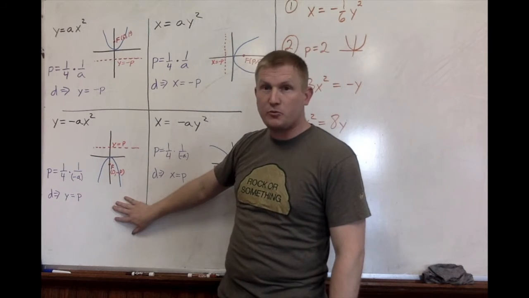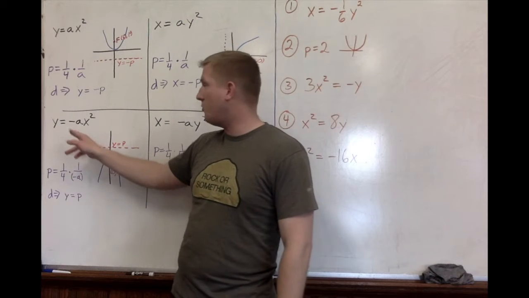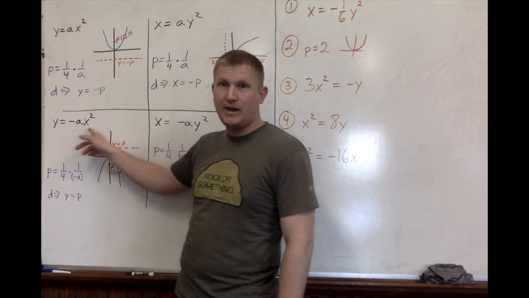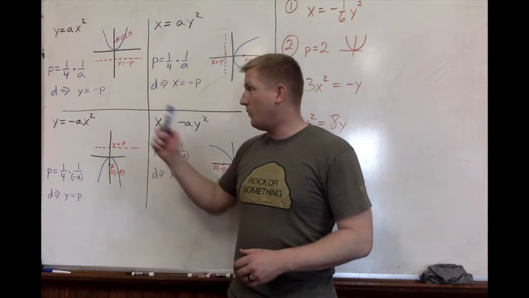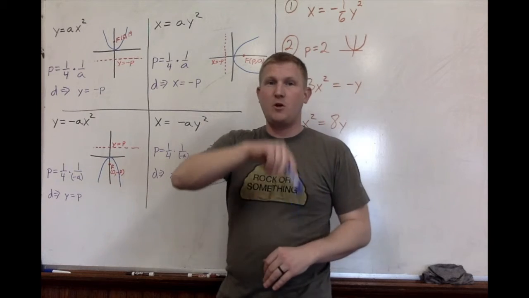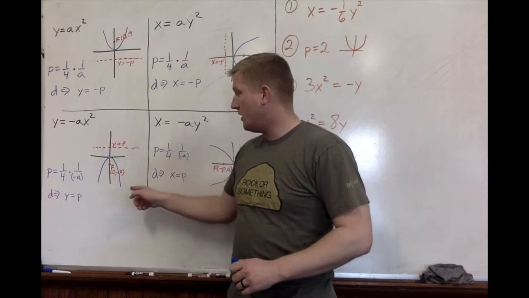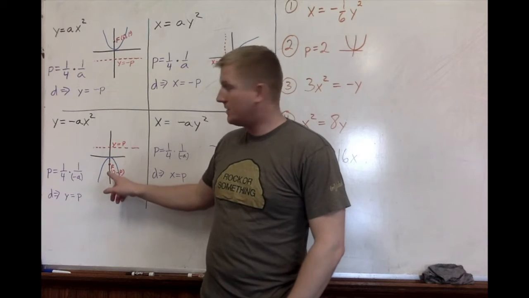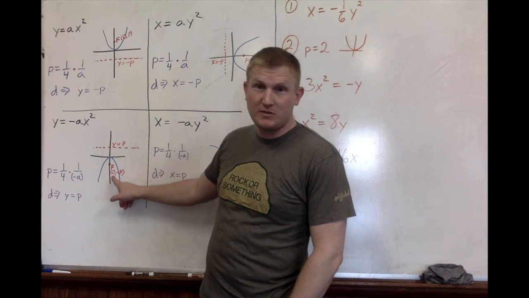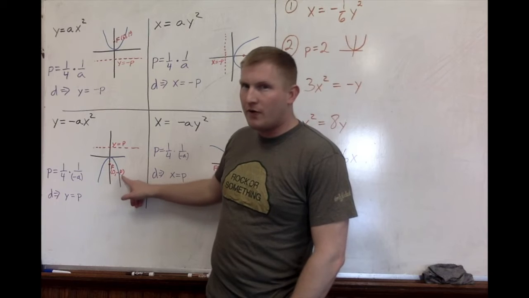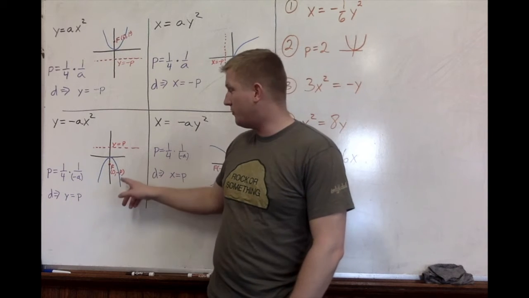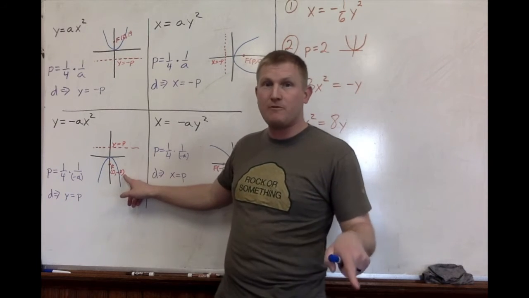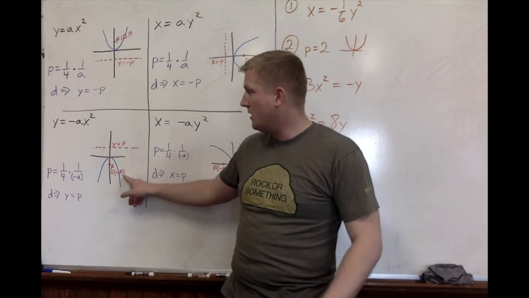All right, so hopefully that makes sense. If we flip things around and take a look at the second example, y equals negative ax squared, when a is negative, our parabola is going to be opening down. If it's opening down, then it stands to reason that for the focus point, the x-coordinate is still going to be 0, but the y-coordinate is going to be a negative number. So p is going to be negative if the parabola is opening down.